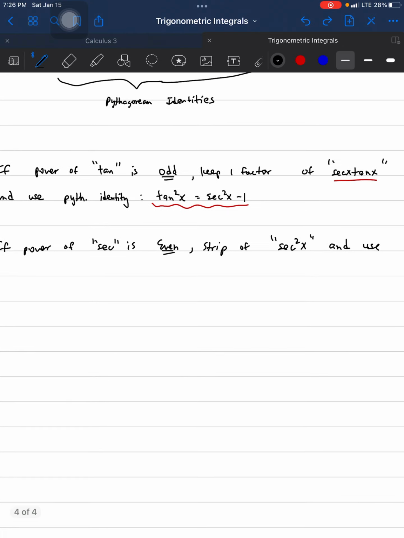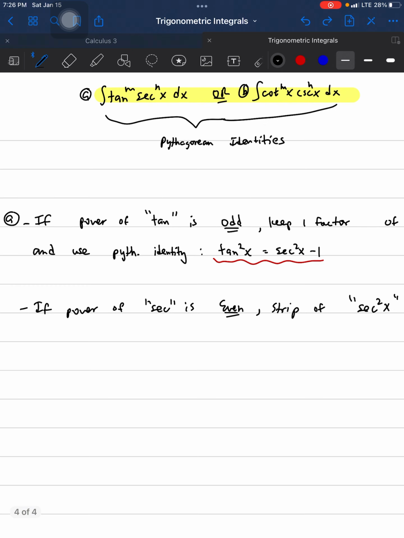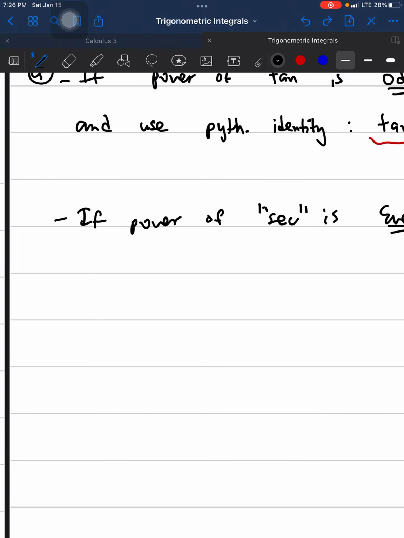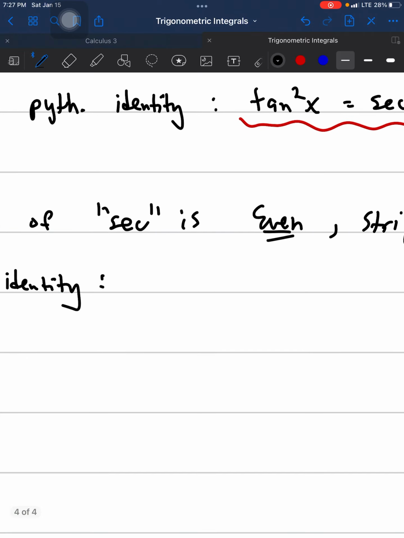So we need a power like that in order to do this. So whenever you see the secant is a power of 2 or any other even number above 2, then we can use this method where we strip off secant squared x and use the Pythagorean identity.